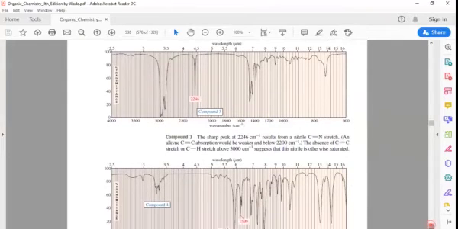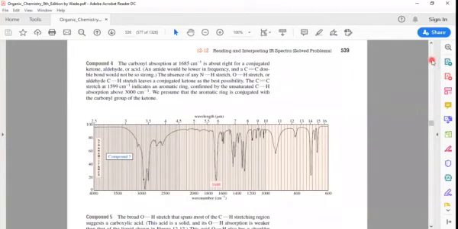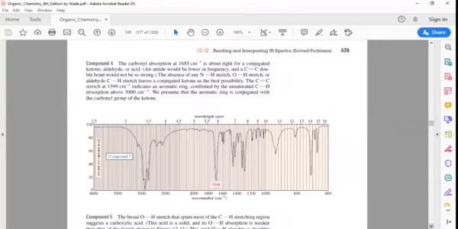Okay, what about this? You can see this carbonyl at 1685, and then you also see these peaks, and here you also have these absorptions. So what do these data say?